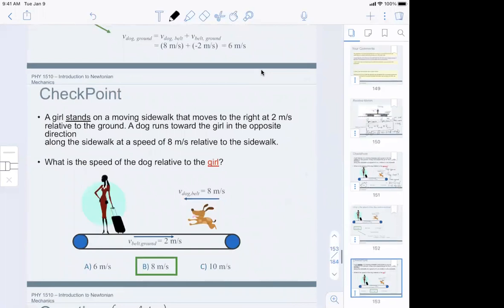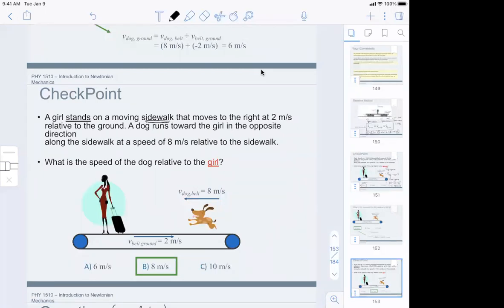So now the second question is, what is the speed of the dog relative to the girl? At first, you might wonder, they didn't give me information about the girl. But looking a little bit carefully, the girl stands on the belt. So the girl is at rest relative to the belt. The girl and the belt, you can view as one object in this case.